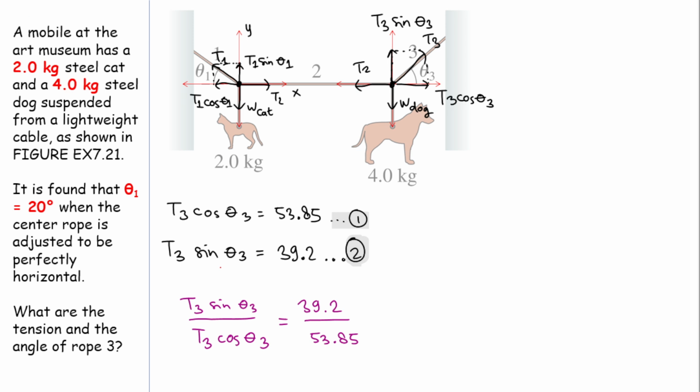Why is this easy? Because T3 will cancel out, and sine and cosine become tangent, right? So I'll have tangent theta 3.